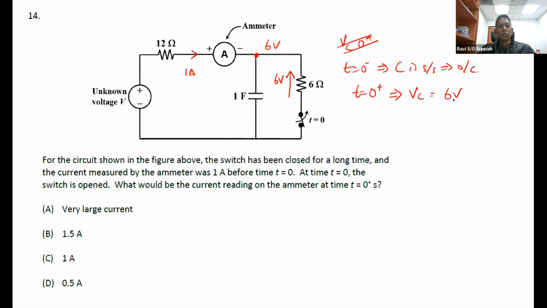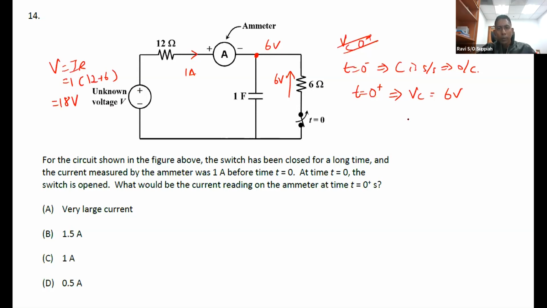So what would be the current reading? Since I know that originally it is 1 ampere, the voltage is IR, which is 1 multiplied by the 2 resistors, because at time equals 0 minus, the closed loop is only between the 12 ohm and 6 ohm. So it's 1 multiplied by 12 plus 6, which is 18 volts. This is the supply voltage.